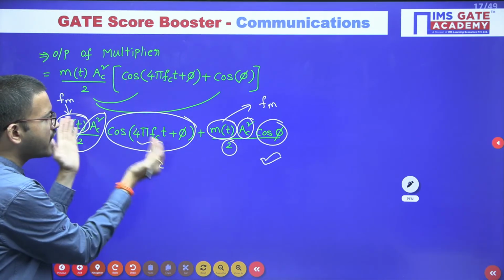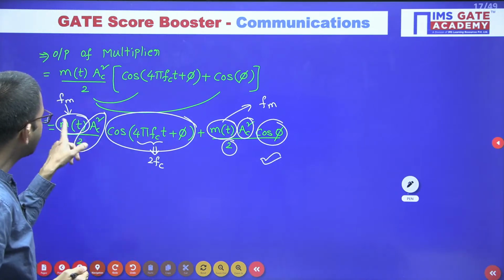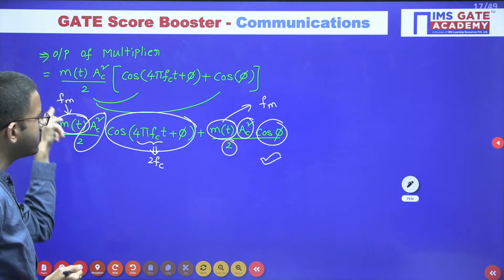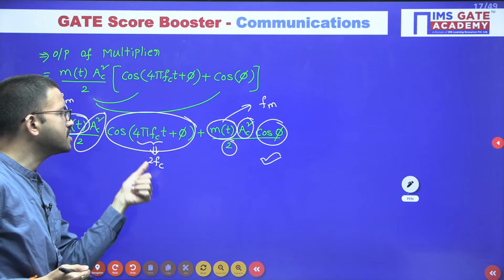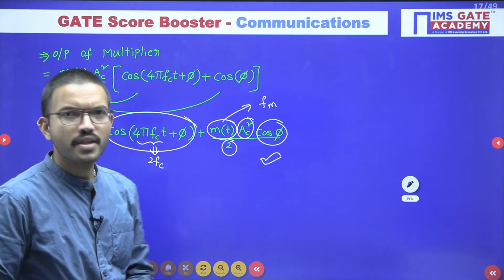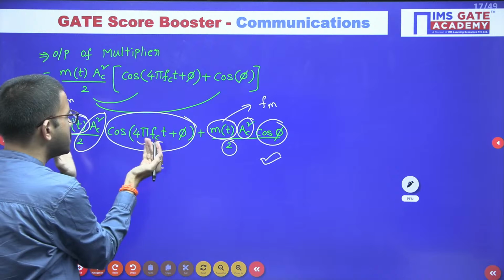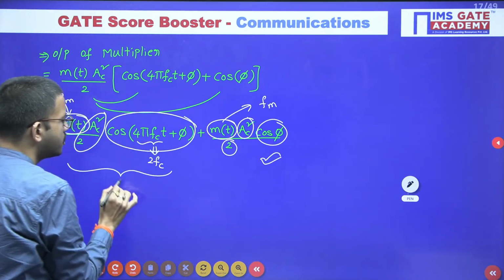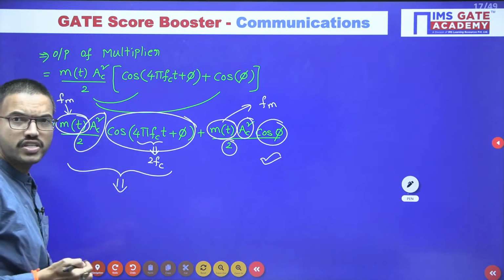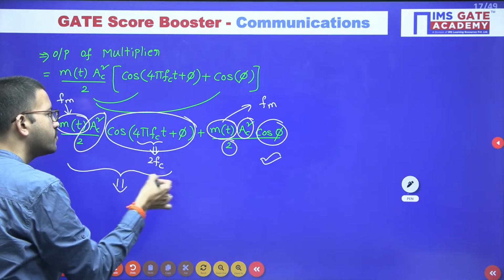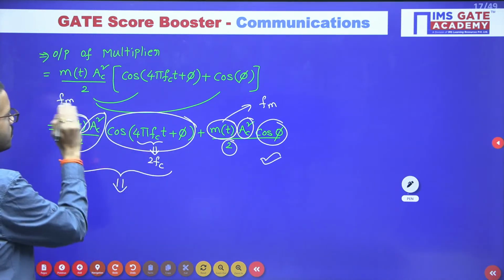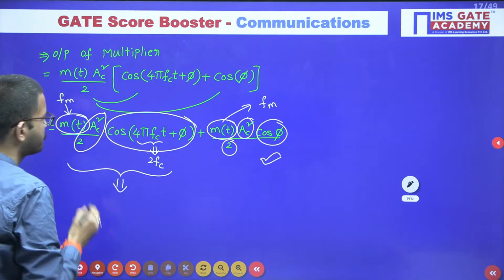Now we are multiplying two time domain signals, where one signal has the frequency fm, whereas the other signal has the frequency 2fc. When you multiply these two signals, the resultant frequencies that you are going to get are 2fc, 2fc plus fm, and 2fc minus fm, right?